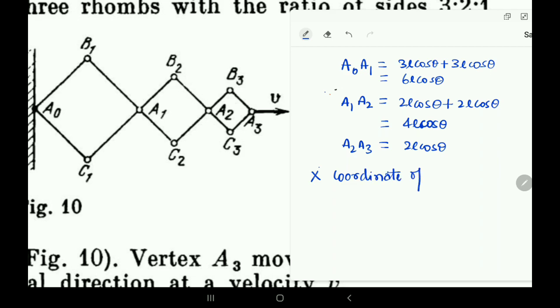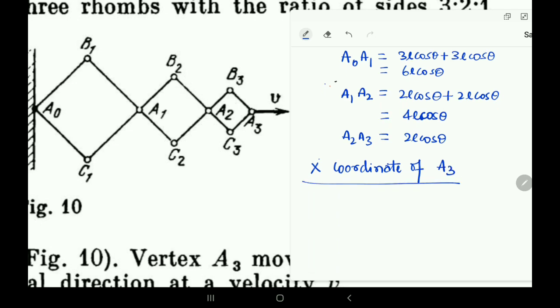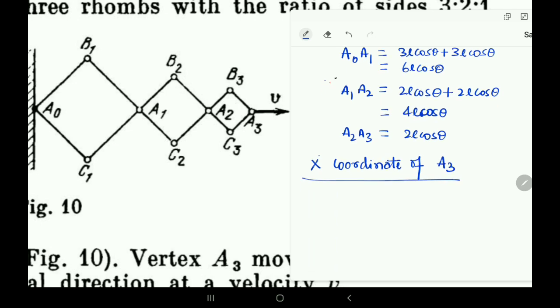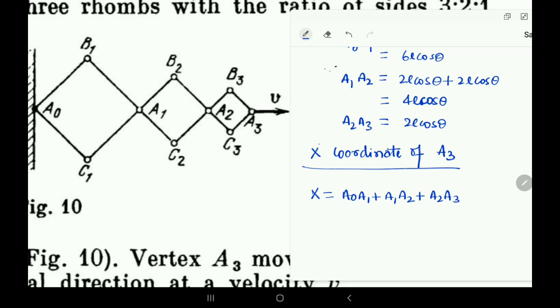So the x coordinate of A3, if I try to write it, what will be that? So basically it will be the sum of A0 A1 plus A1 A2 plus A2 A3. So I'll have to sum all the calculated entities. So basically 6L cos theta plus 4L cos theta plus 2L cos theta.